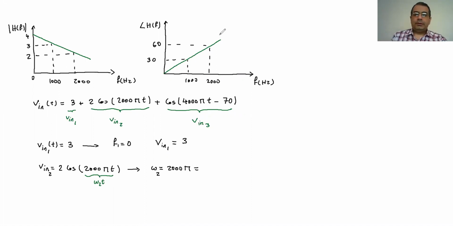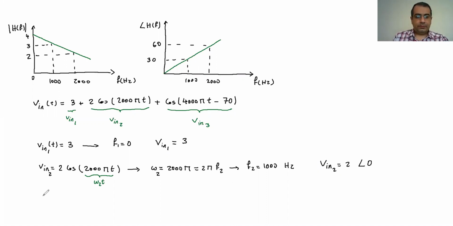We know omega is equal to 2 pi f2. Therefore f2 comes out as 1000 hertz. If I write this one as a phasor, V in 2 is equal to 2 with angle of 0.